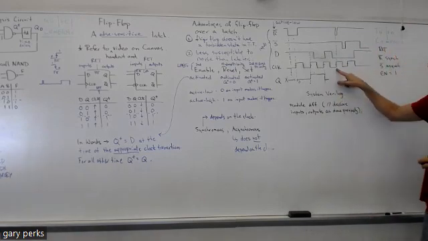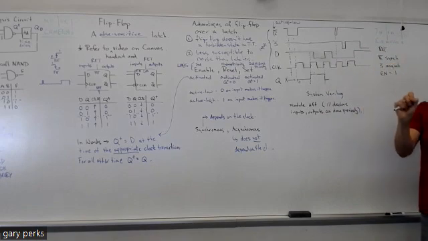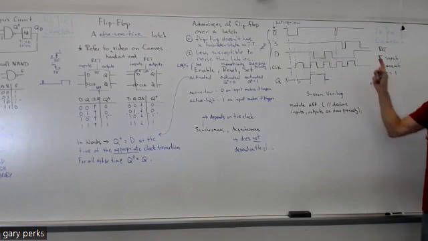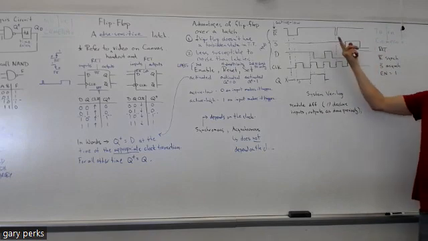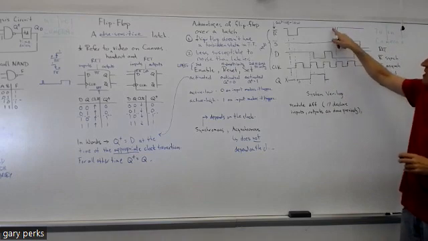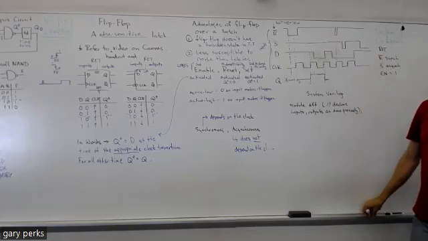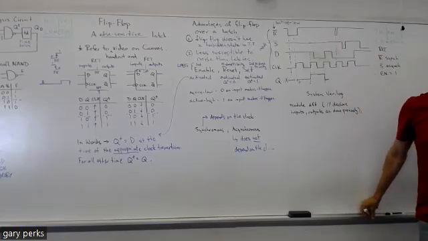If you do see one of these ambiguous situations on the activity, the person that made the solution took the value before the transition. So in this case, since it's happening at the same time, they would take the value of R before, which means it's not reset.